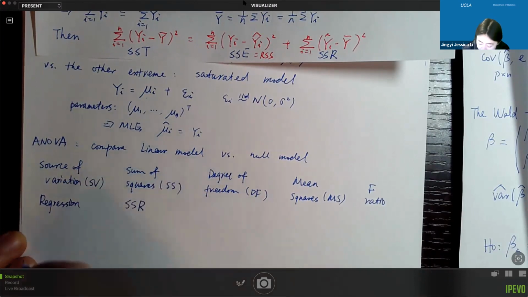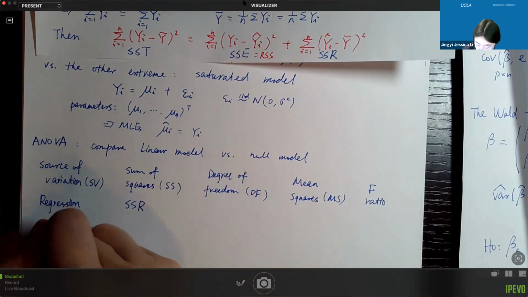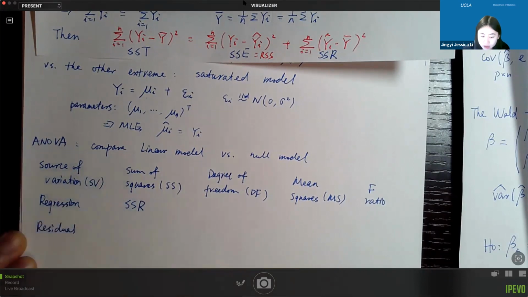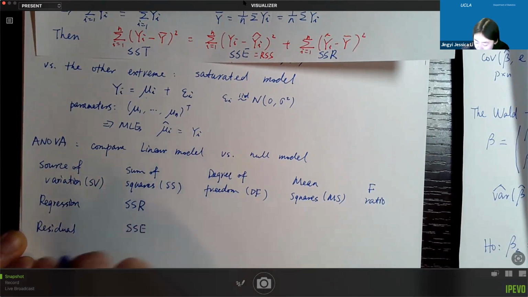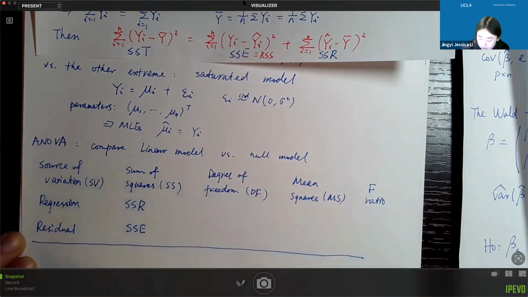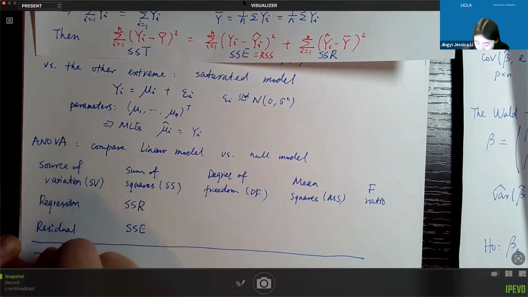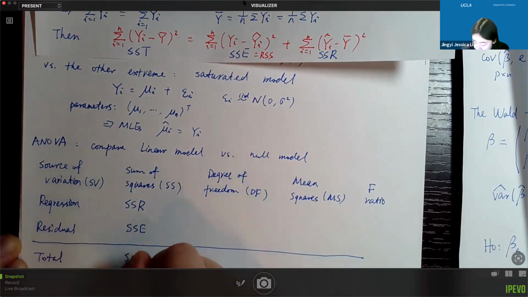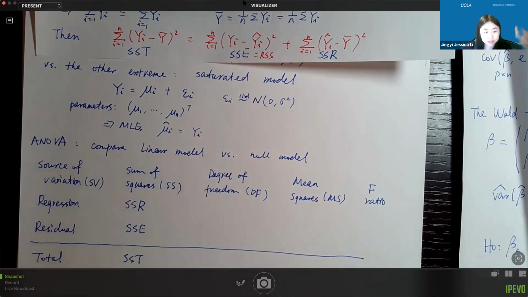The next one is the residual. We have the remaining variation in the residual, which we call SSE. And putting them together as a total, we call this SST.